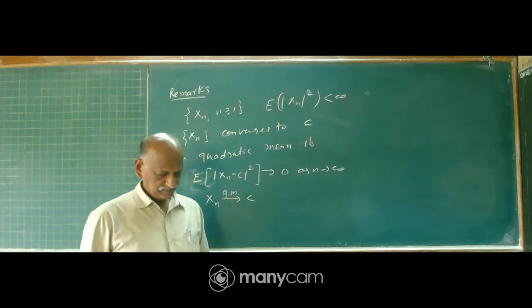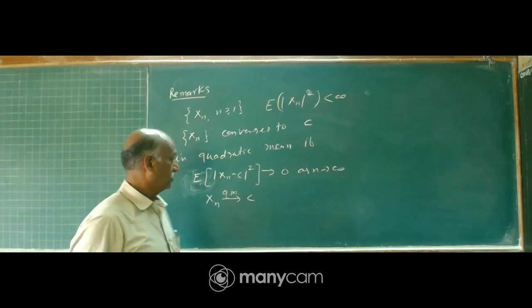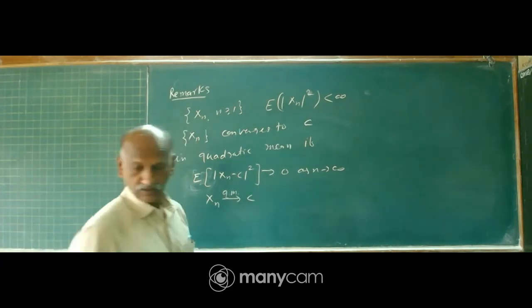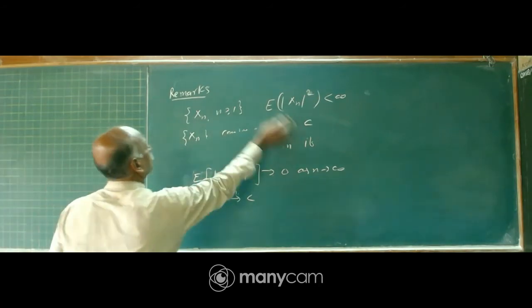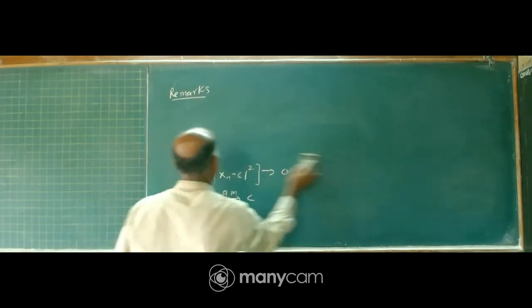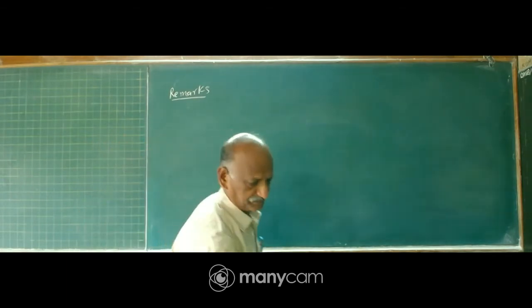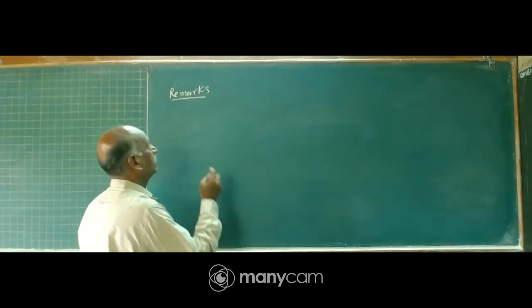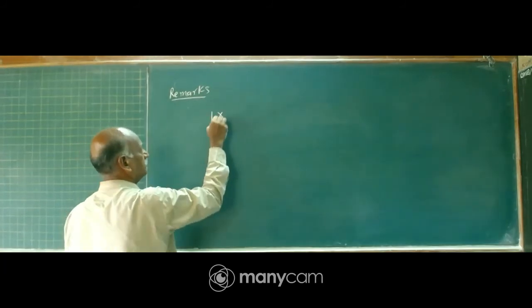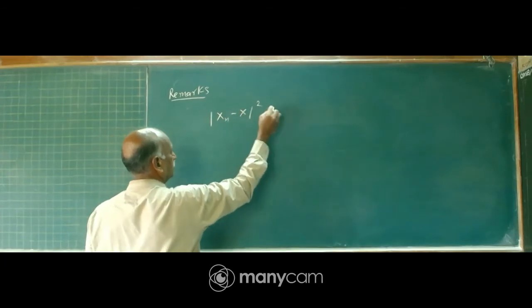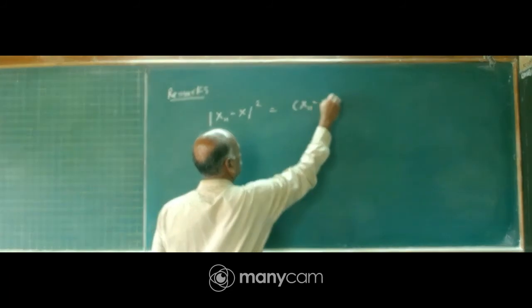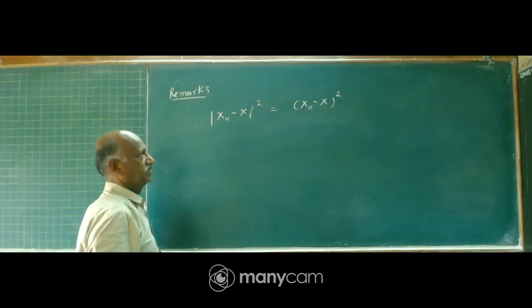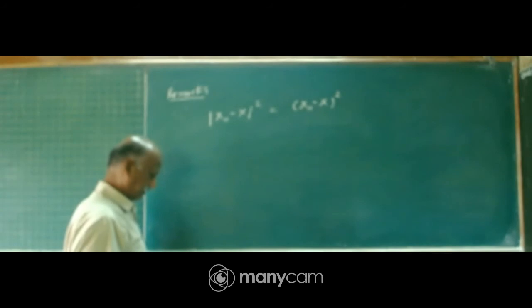We also know that the modulus of Xn minus X squared is the same as Xn minus X raised to 2, because of the square, it makes no difference whether we take the modulus or not.